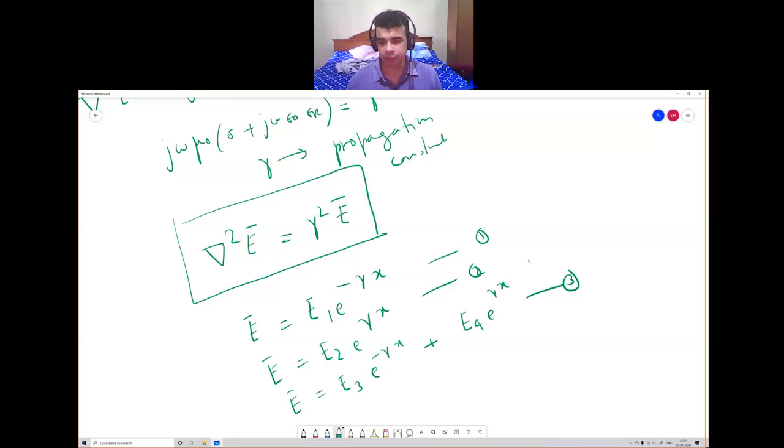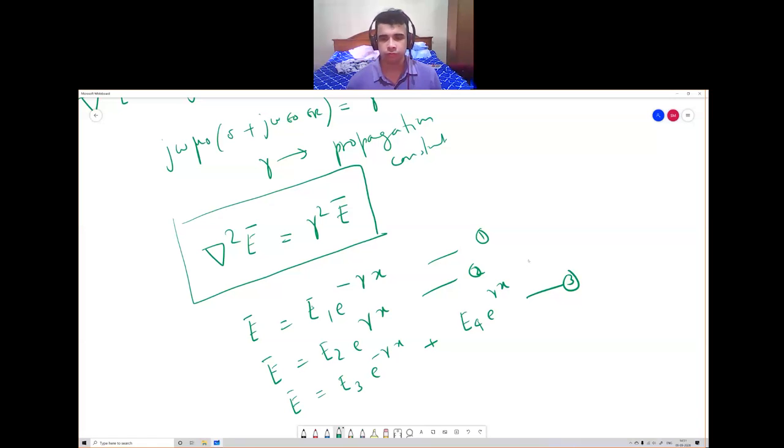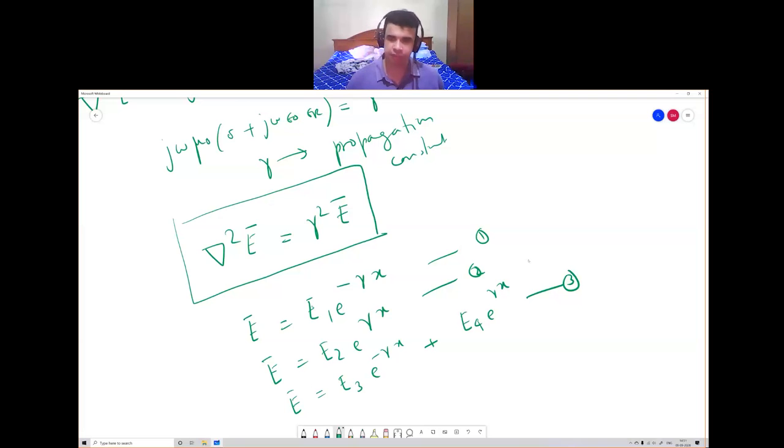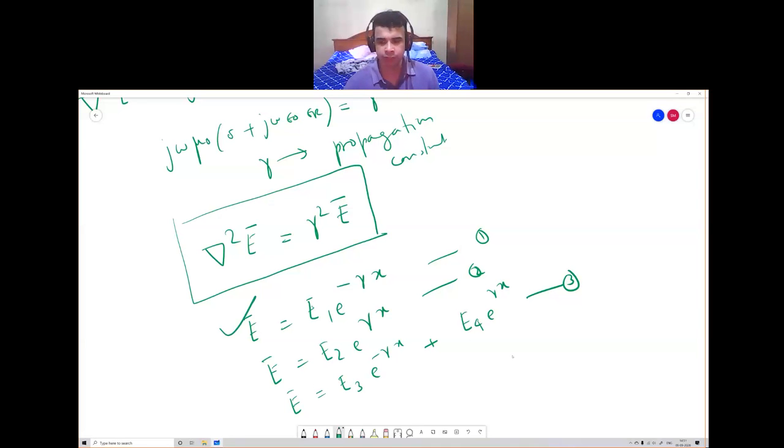It is a wave propagating in which direction? Plus x. And number 2? Minus x. And the third one is e to the power minus gamma x plus e to the power gamma x. Standing wave pattern. Very good. So we are interested in this one only. But know that 2 and 3 can also be solutions.